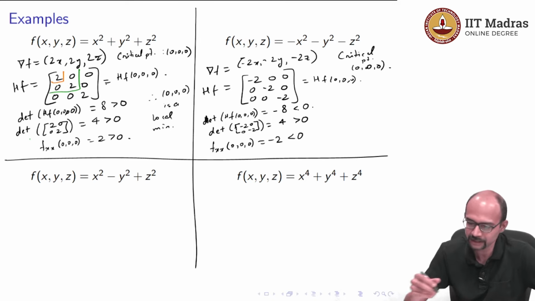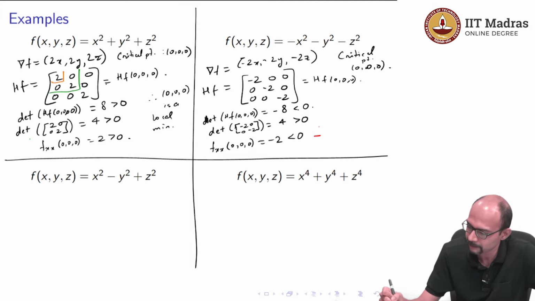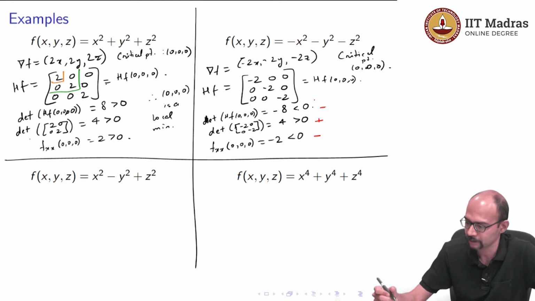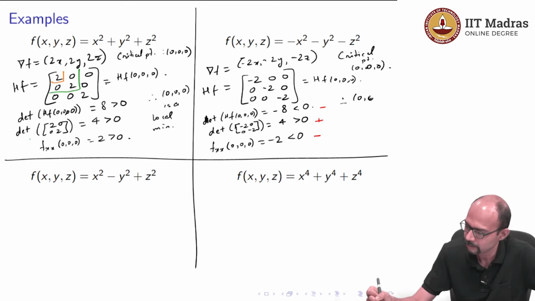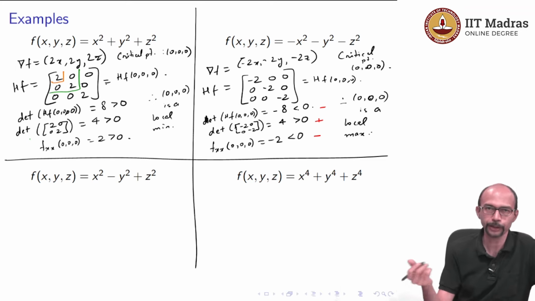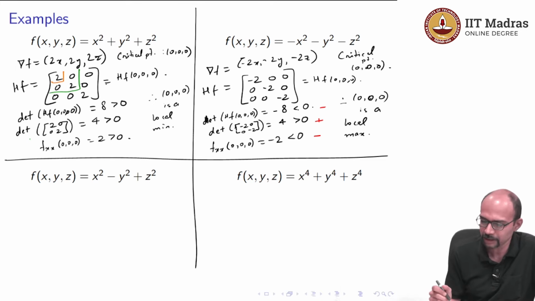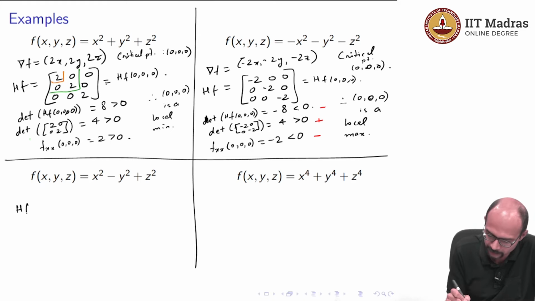So, the signs here, this is the important part, are minus, plus, minus, and that tells us this is a local maximum, and indeed this is what we already know, and so this is how you can keep this in mind. Similarly, if you take x squared minus y squared plus z squared, you will get it is a saddle point. So, I will just write down the Hessian and you can do the checking.